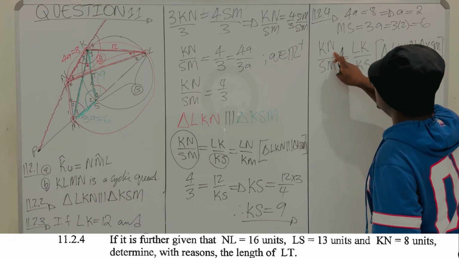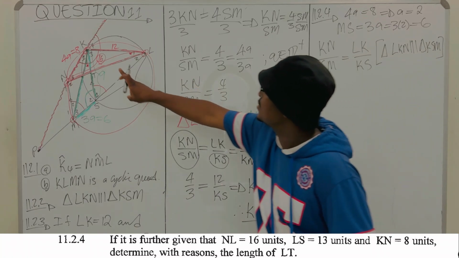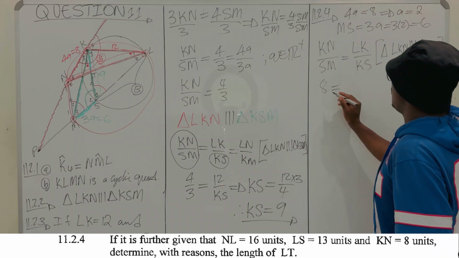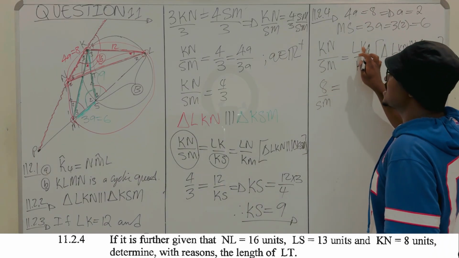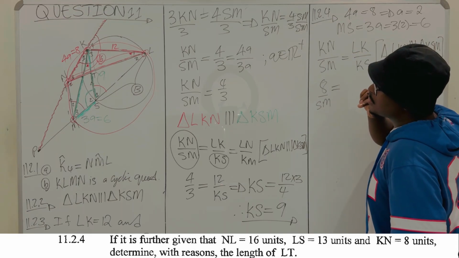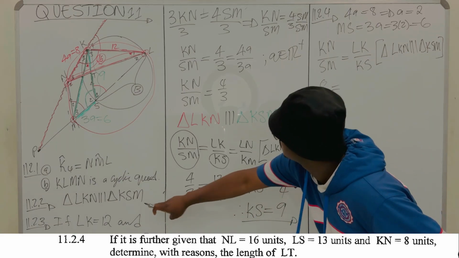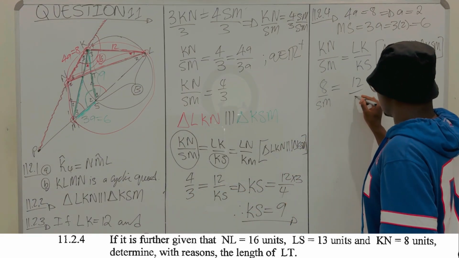KN, you are given KN to be 8. So 8 over SM, which is what you're looking for, is equal to LK. You are given LK to be 12. So it's 12 over KS, which we found to be 9.